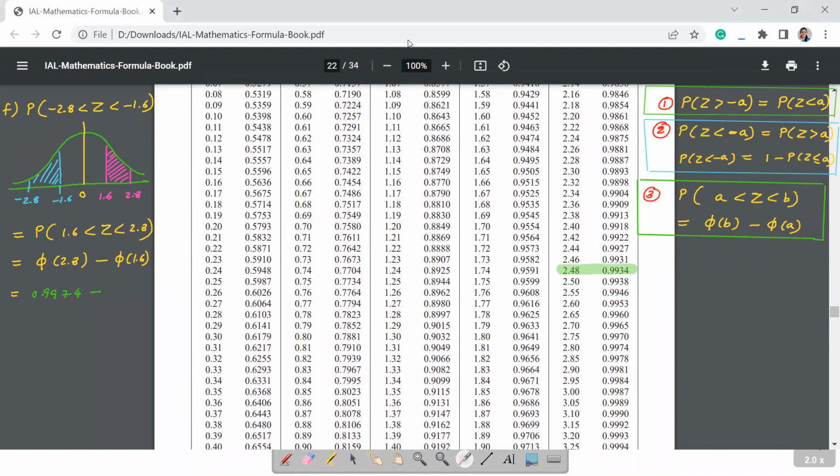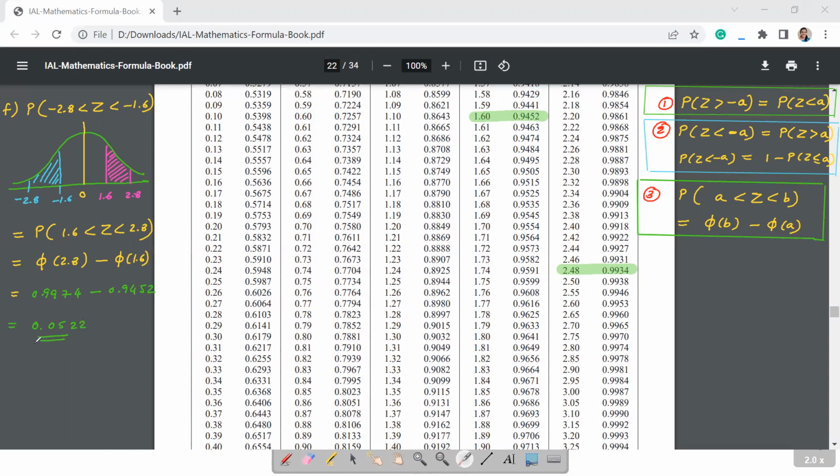Can you see? So that's 0.9452. Okay, so you subtract and you get your answer, that is 0.0522. All right, guys, this is method one.